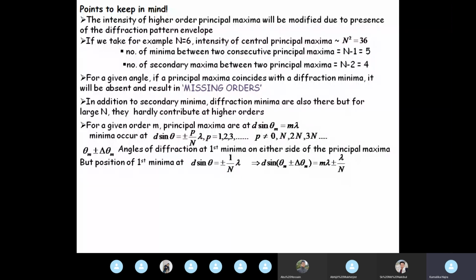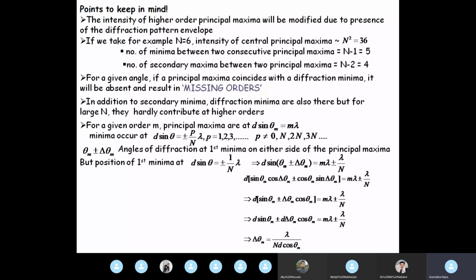So in this expression over here, we can write d sin of theta m plus or minus delta theta m is equal to m lambda plus or minus lambda by n. m lambda is the position of maxima. If you go on either side, you have to travel a distance of lambda by n in order to reach the first minima.